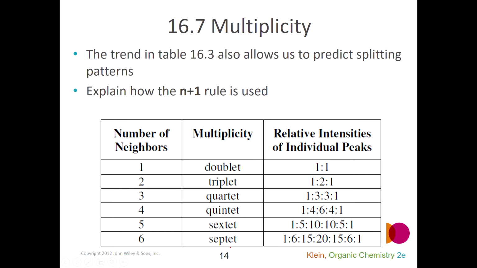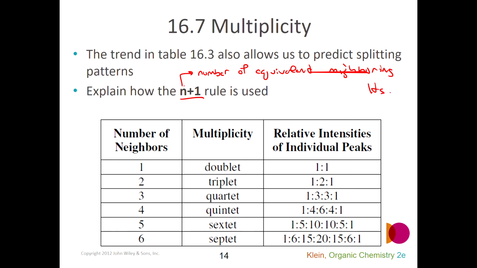And so that allows us to come up with a rule, called the n+1 rule, where n represents the number of equivalent neighboring hydrogens.